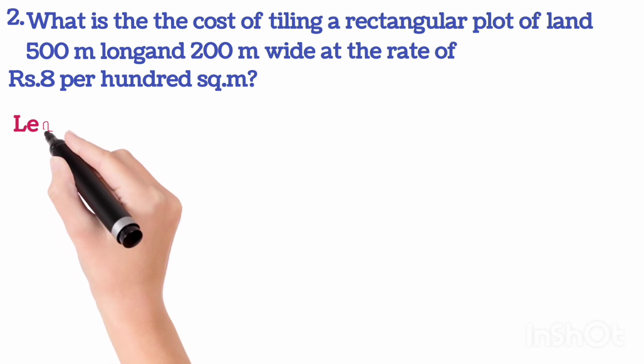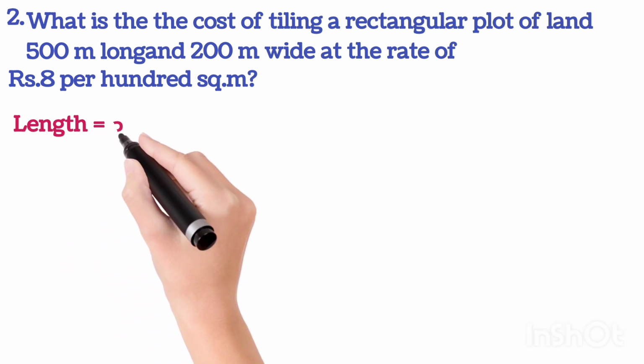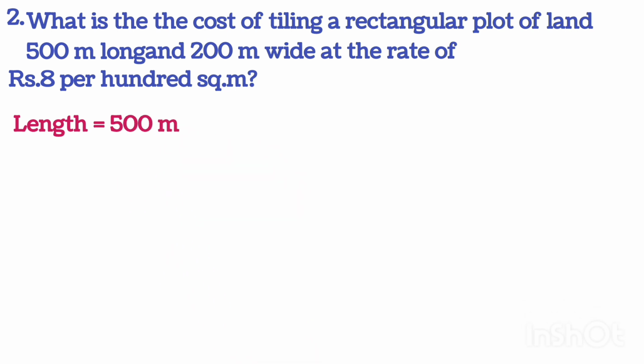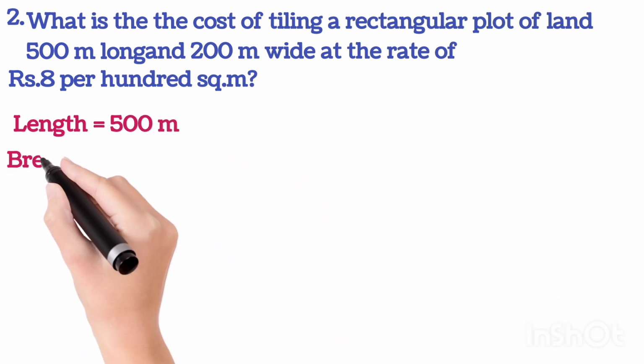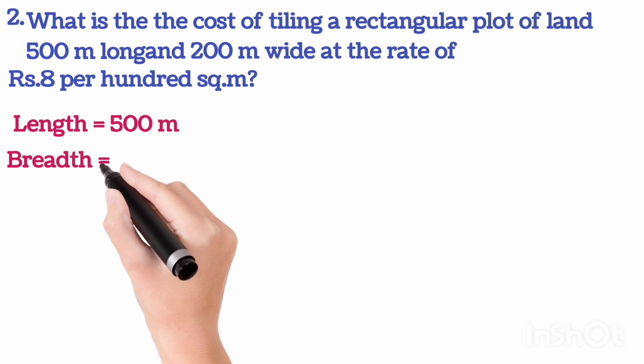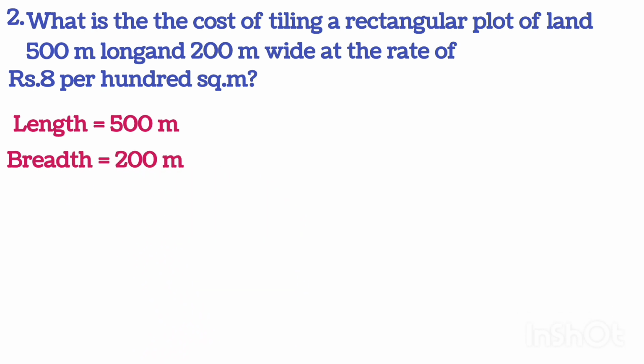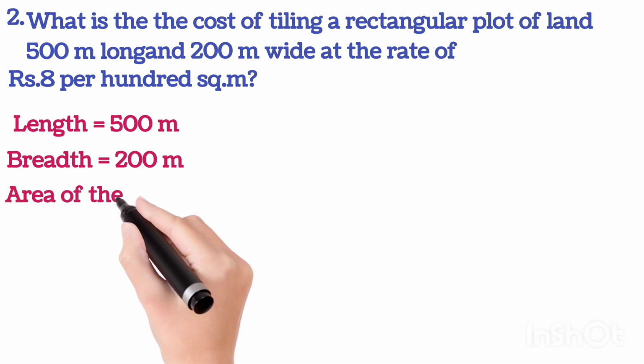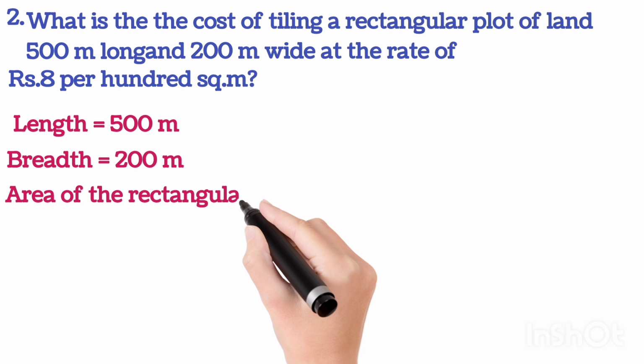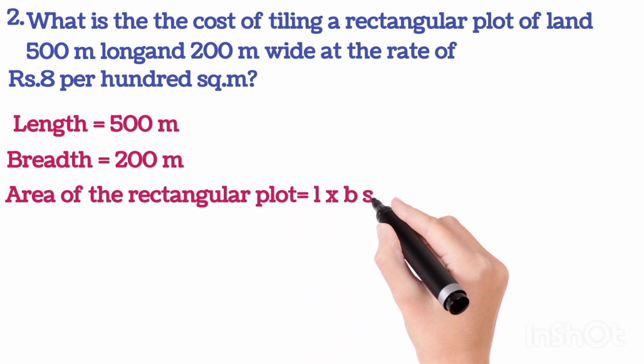That we will do afterwards. First, what we will do, we will write whatever is given. Length is given 500 meter. The length of this rectangular plot is given 500 meter and breadth is 200 meter. It is given. So we will find the area of this rectangular plot of land.